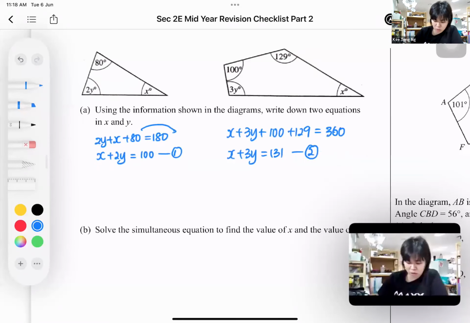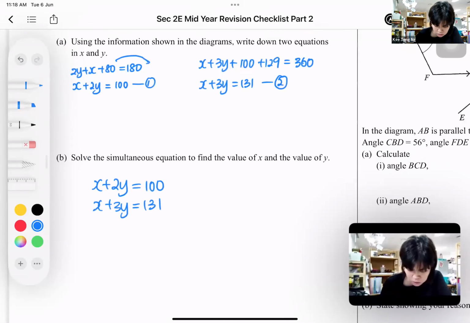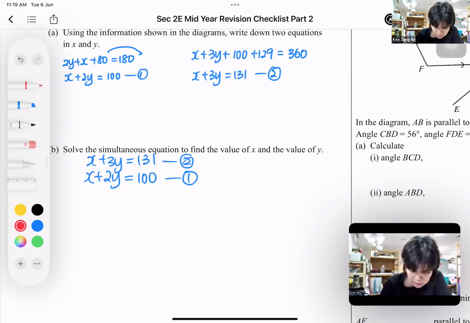Okay, now we've got the two equations. Solve the simultaneous equations. They never restrict what method I want to use. So for me, I just simply do a subtraction. I'll do equation 2 minus equation 1. Same sign for the variable that I want to get rid of, so I'm doing a subtraction.